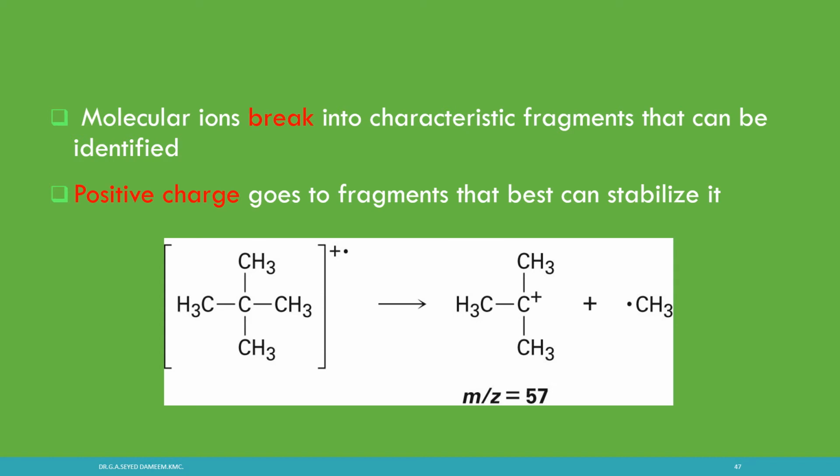For example, neopentane first gives a molecular ion. After its formation, it eliminates a methyl radical, forming the tertiary butyl carbocation with m by z value 57. That ion gives a peak with greater intensity.